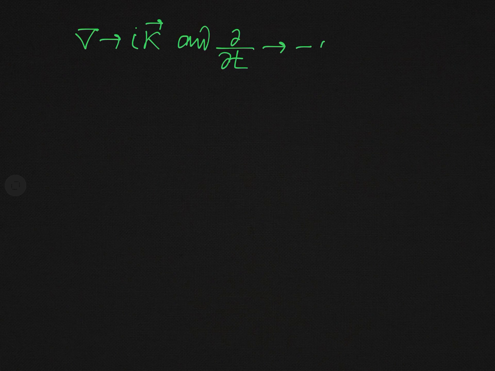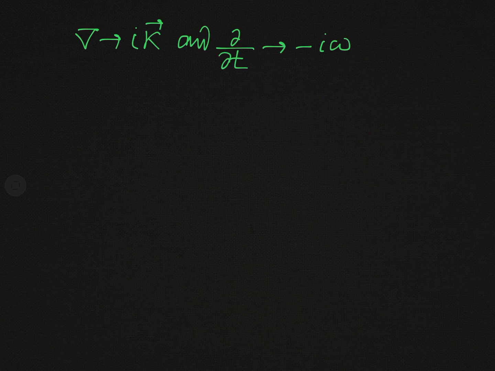Now we have discussed already in the previous lecture, due to this form of the solution of the wave equation, we have two operators: del is equivalent to ik, where k is the wave vector, and the operator del t is equivalent to minus i omega.